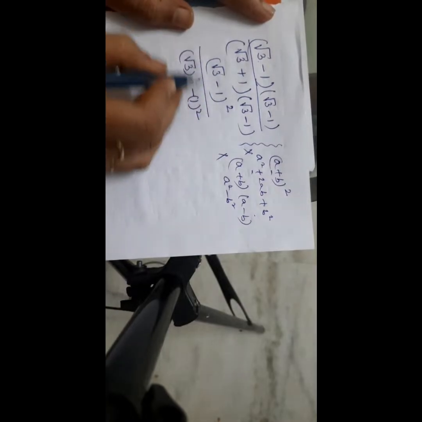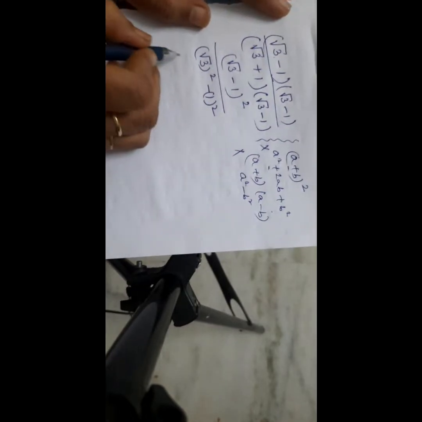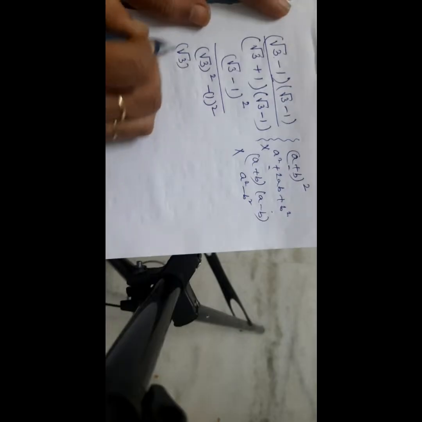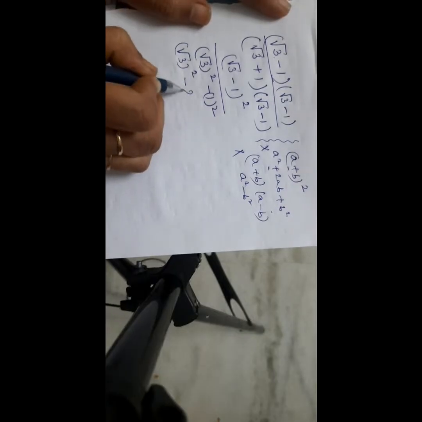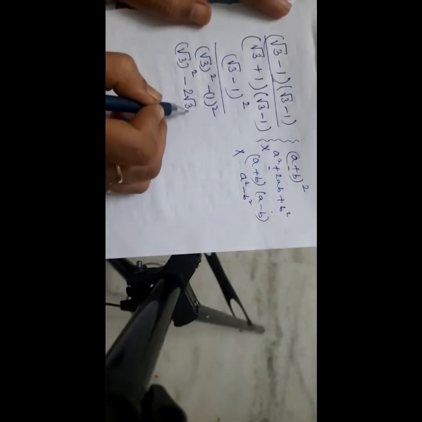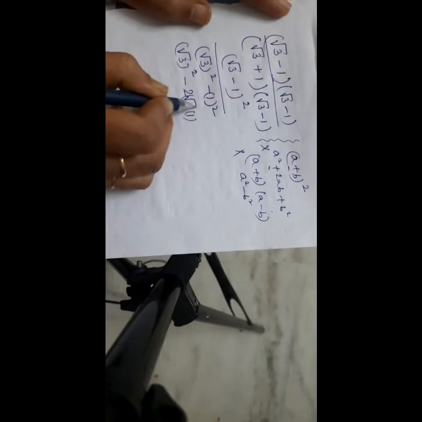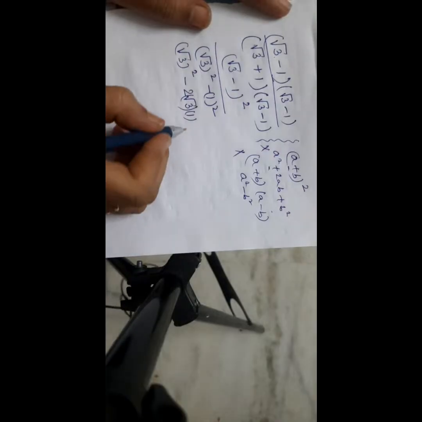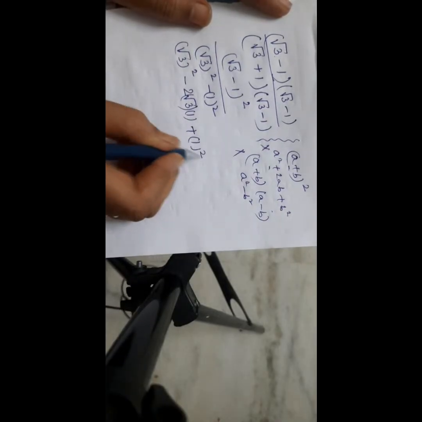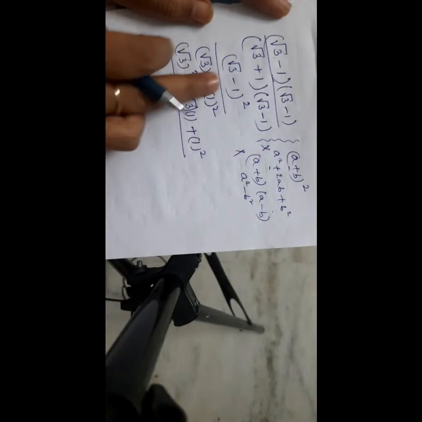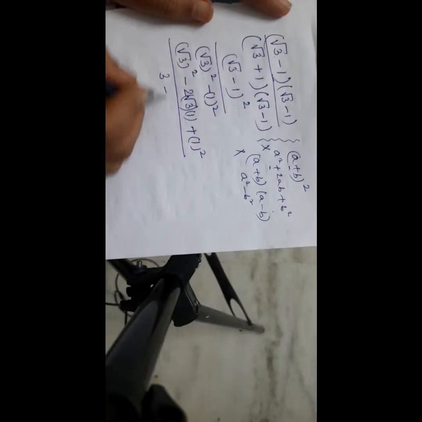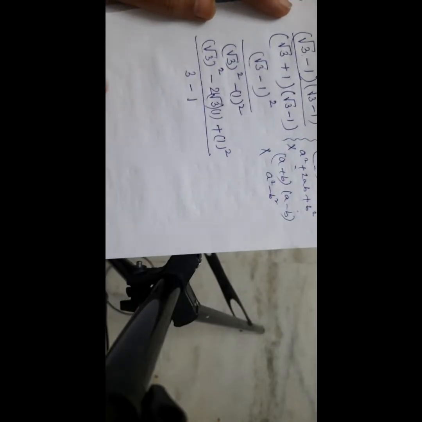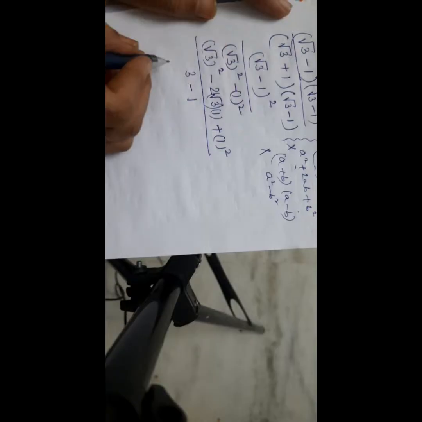Here a minus b whole square is a square minus 2ab plus b square. This is a, this is b. The whole divided by root 3 square minus 1, which is 3 minus 1. And finally, root 3 square is 3.